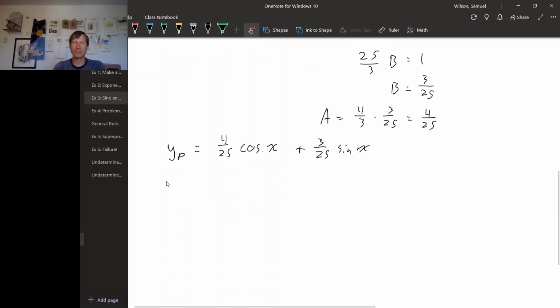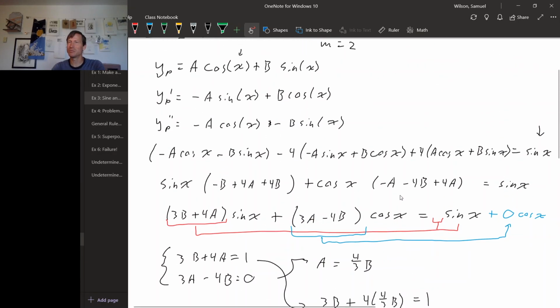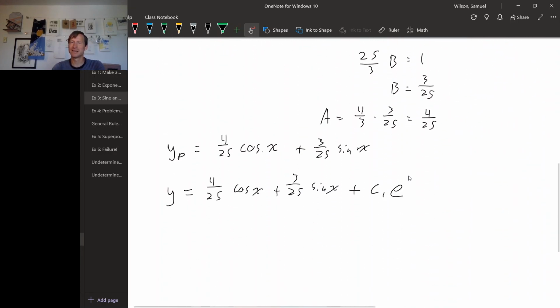And so the general solution to the original differential equation is the particular solution, 4/25 cosine x plus 3/25 sine x, plus the complementary solution, which is some constant times e to the 2x, plus some other constant times x e to the 2x.